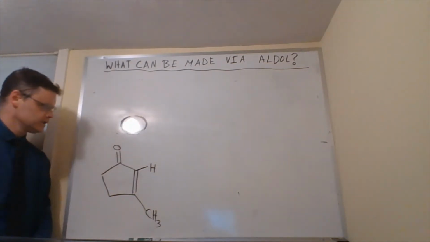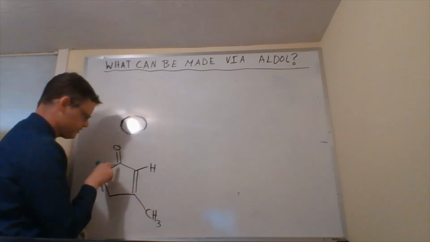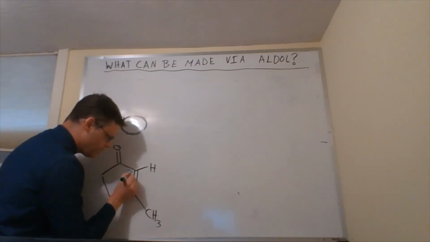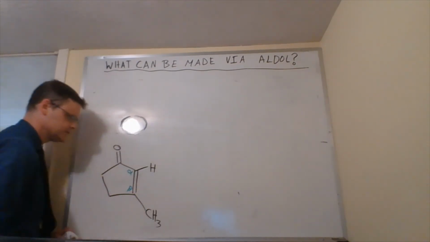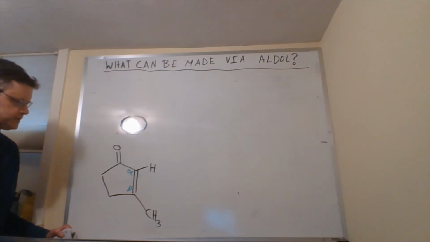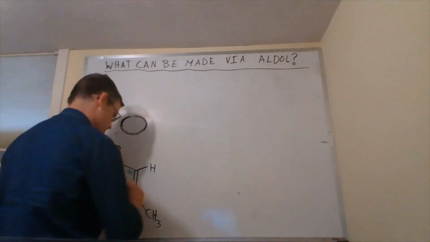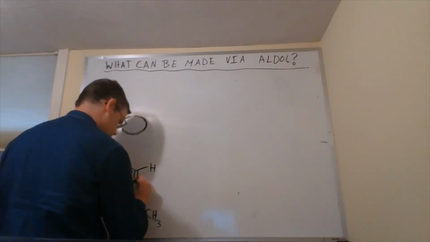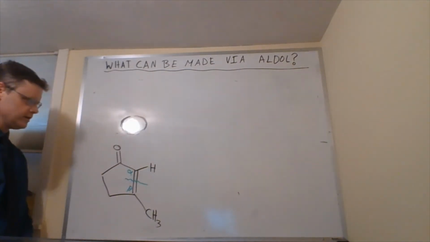All right. So here we've got a carbonyl carbon, an alpha carbon, and a beta carbon. You can see we have an alpha, beta unsaturated ketone. So this gives us a hint that maybe an aldol reaction could have been used to synthesize this. Okay, so we're going to apply the process that we talked about a minute ago.